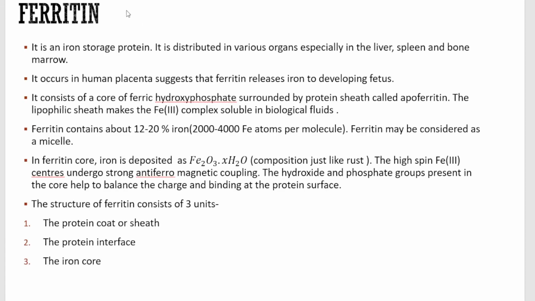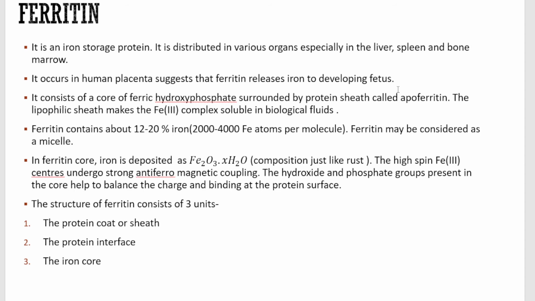Okay, so we are starting with ferritin, which is one of the very important proteins. It is an iron storage protein, so it is used for the storage of iron in the body. It is distributed in the various organs, especially it is found in liver, spleen, and the bone marrow. And it also occurs in the human placenta, that is, it releases the iron that is required for the developing fetus.